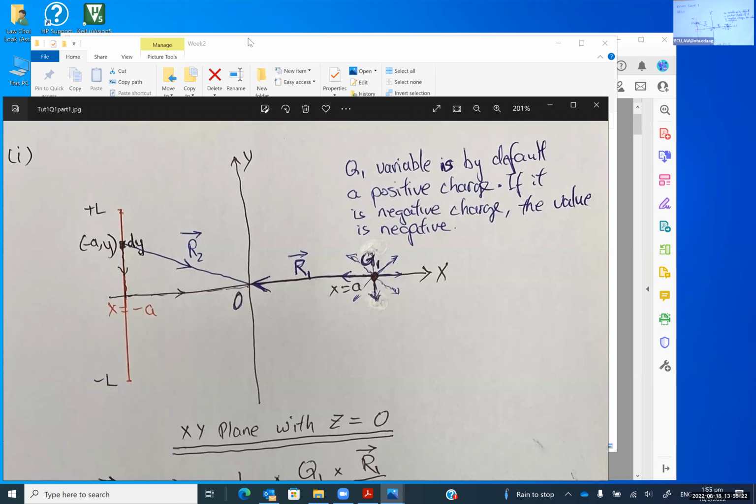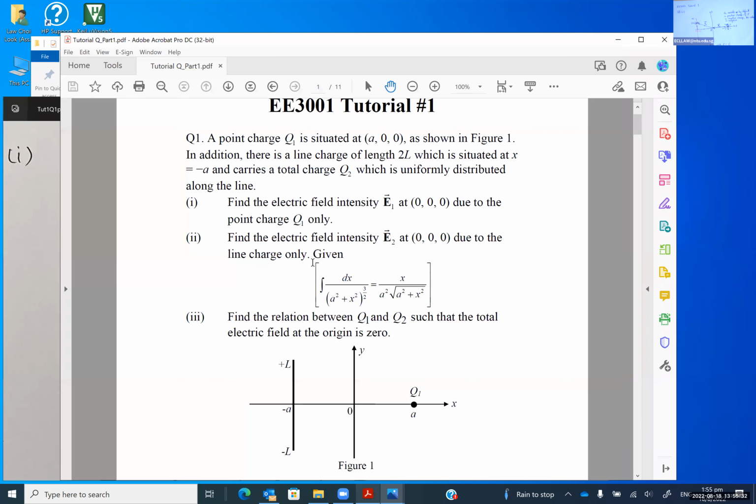Okay, so now let's move on to the third part of the question. The third part says to find the relationship between Q1 and Q2 such that your total E field at the origin is 0. So what do you do?